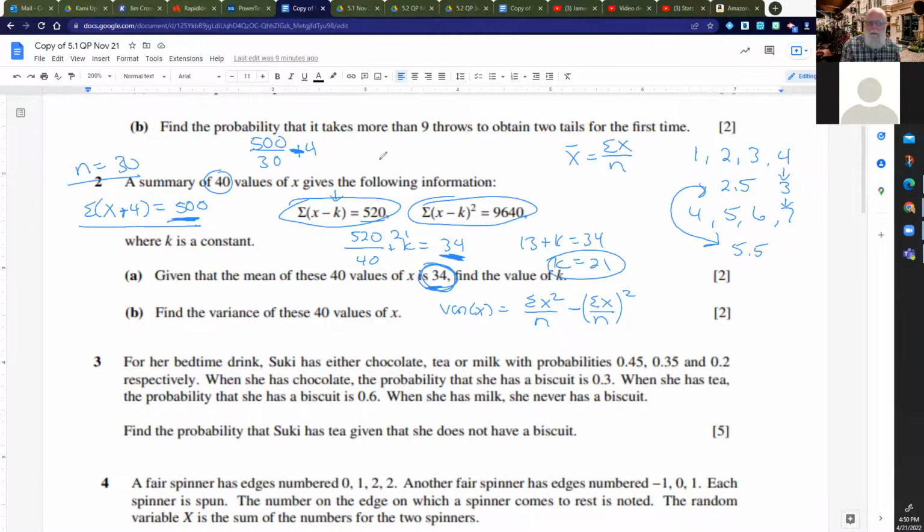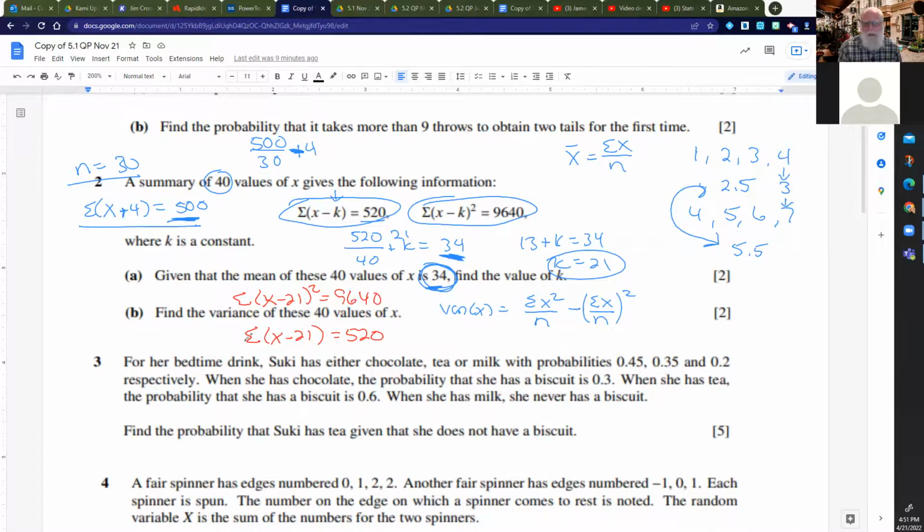All right, so now it says, let me change colors here. So now this is actually going to be the sum of x minus 21 is equal to 520. And this is going to be the sum of x minus 21 squared is equal to 9,640. Okay.